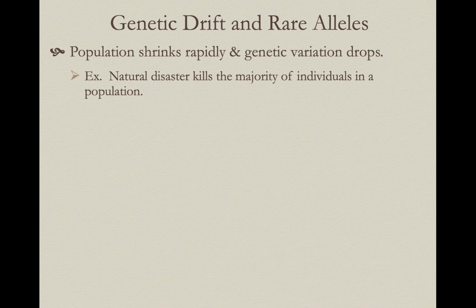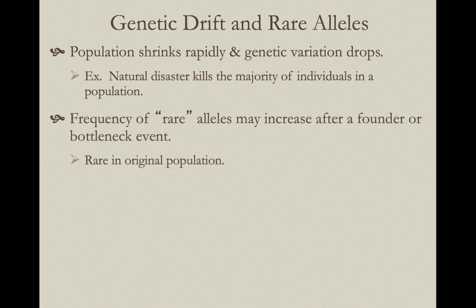But if populations for some reason shrink rapidly, you also see genetic variation drop. So again, think about a natural disaster like a hurricane that may kill off the majority of individuals in a population.